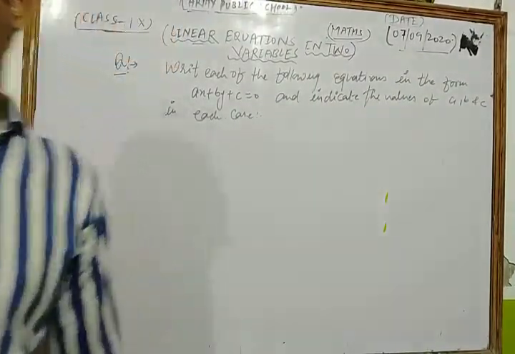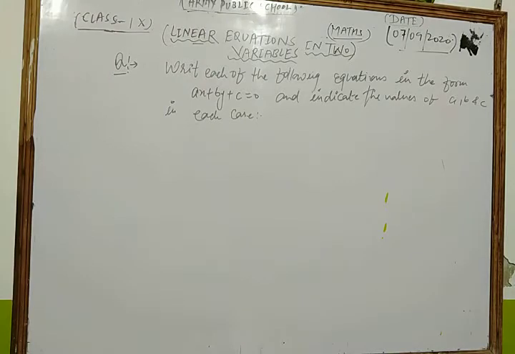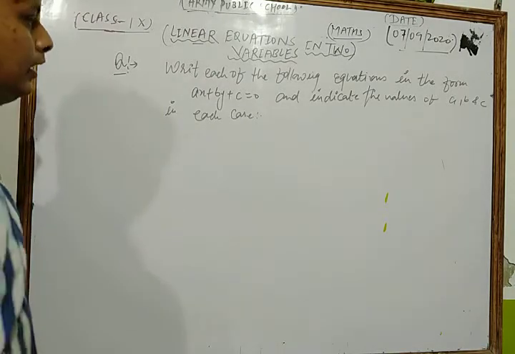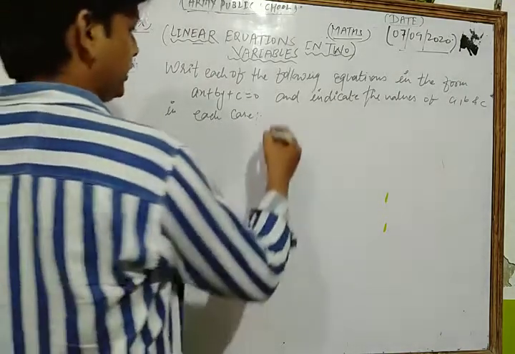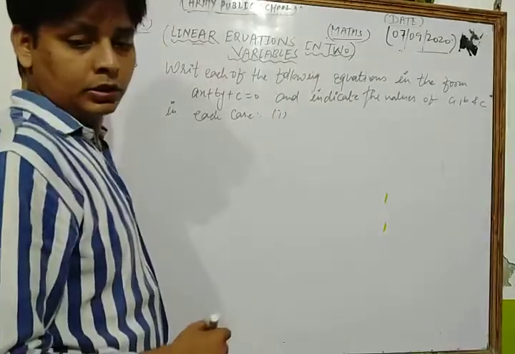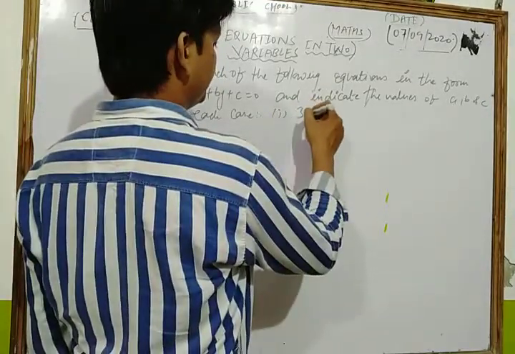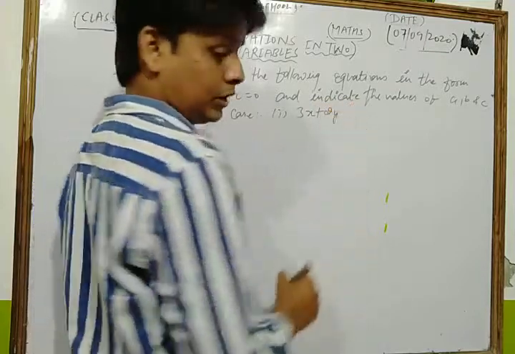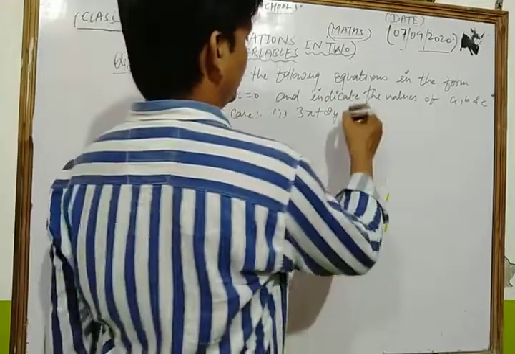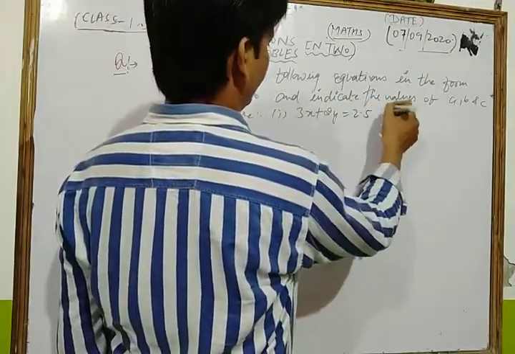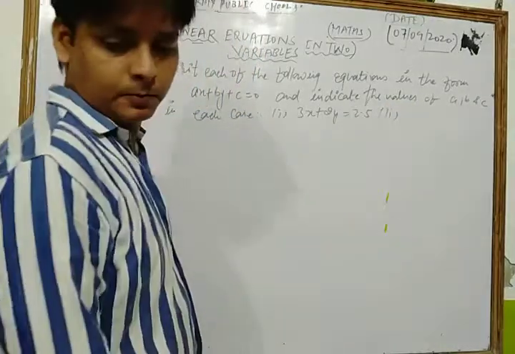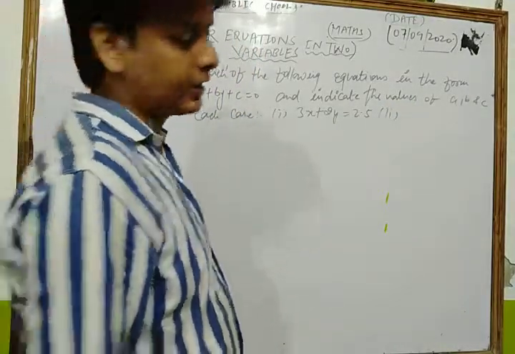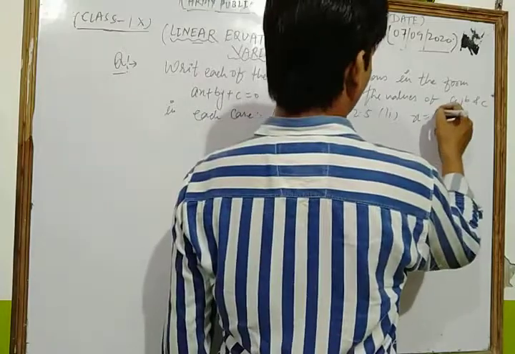Okay, and the first one is 3x plus 2y is equal to 2.5. Second one is x is equal to 2y.